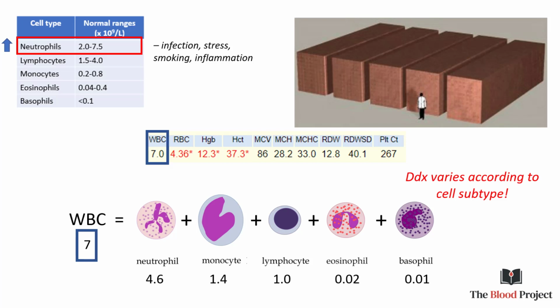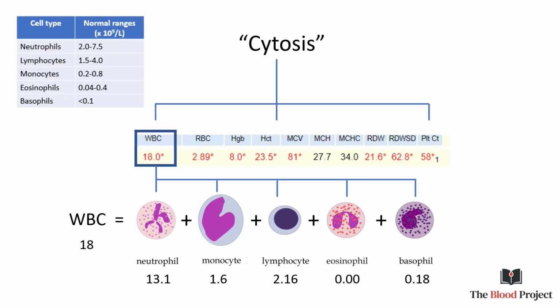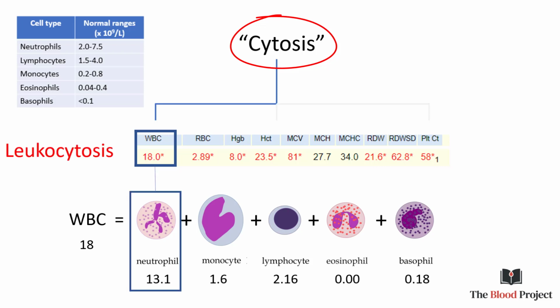Whereas an elevation in the eosinophil count, so-called eosinophilia, is associated with allergies, infections with worms, and certain drugs or medications. So just as it would be unproductive to refer to a patient with increased white cell count or platelet count as having simply a, quotes, cytosis, without defining which cell type is increased in number.